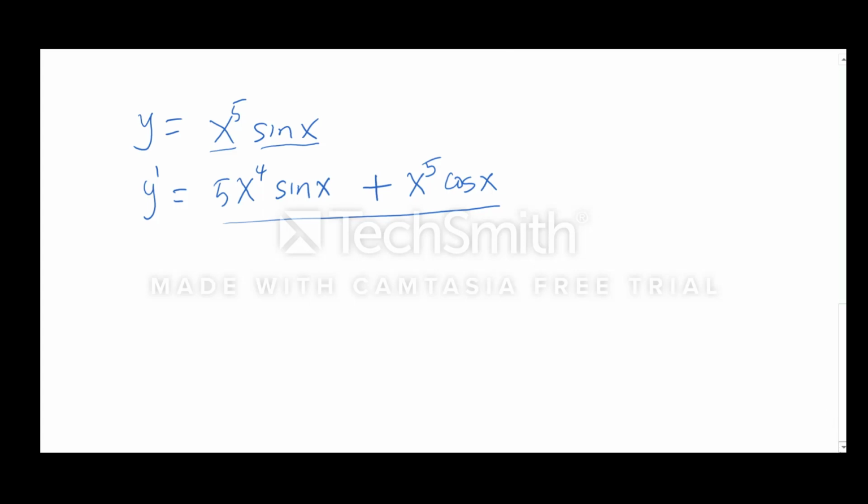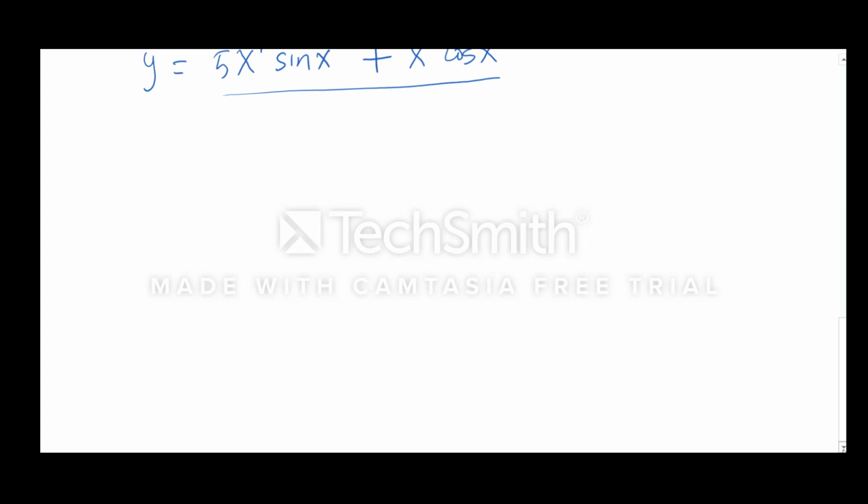Okay, let me do one more example. Say I have h of x as x squared e to the power of x, and I want to find h prime of x. It is the same. We have two functions, x squared and e to the power of x.